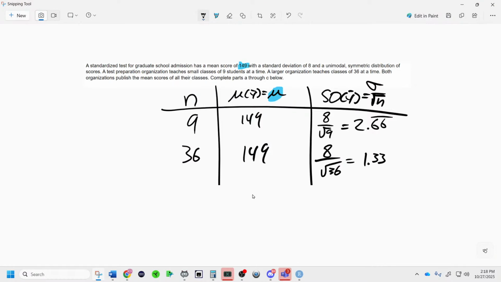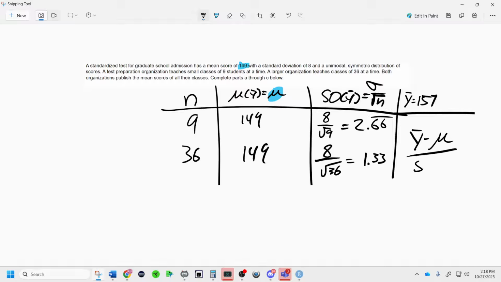So let's look back here. Now they're putting in an observation of 157, where y bar is equal to 157. So what we can do is run this through the formula: observation minus mean over the standard deviation of the mean. And we'd have to plug in for both of these because we have two sets of values. So we're going to take right here and the top of this.